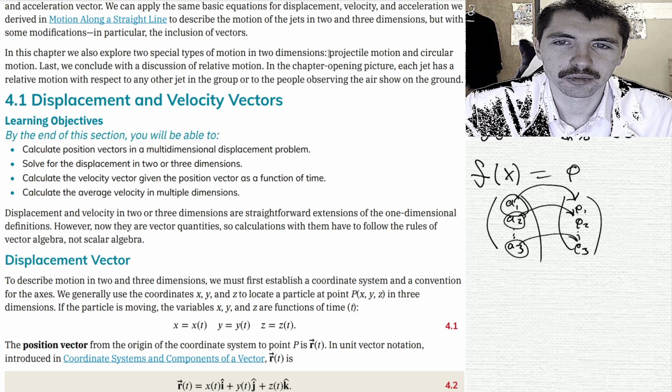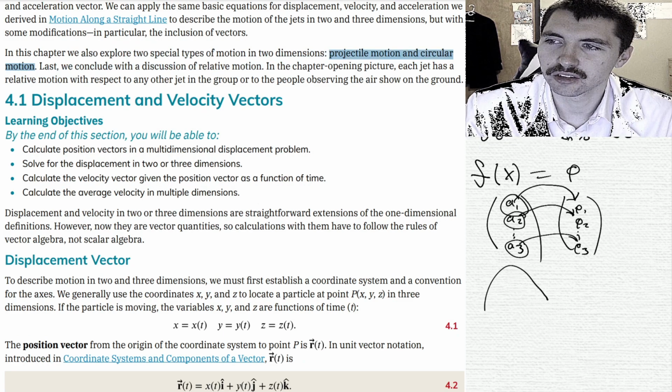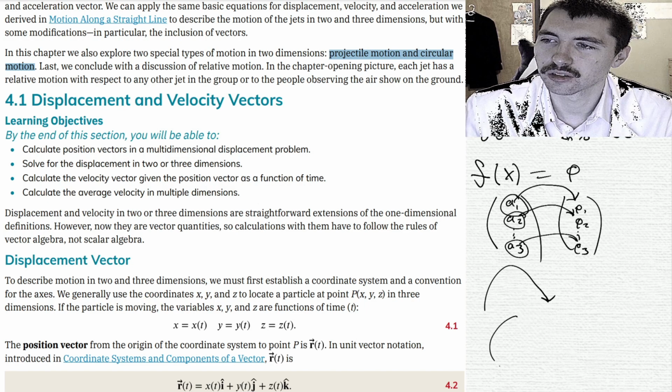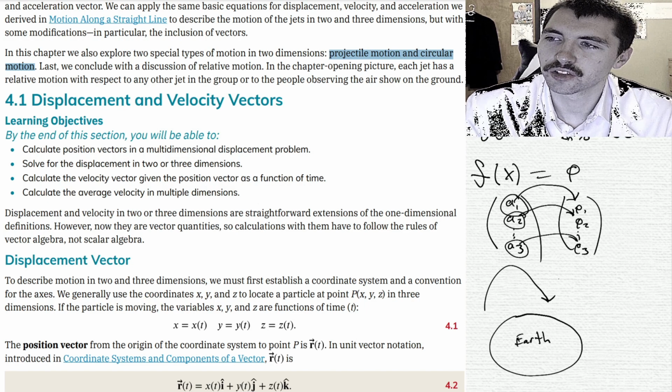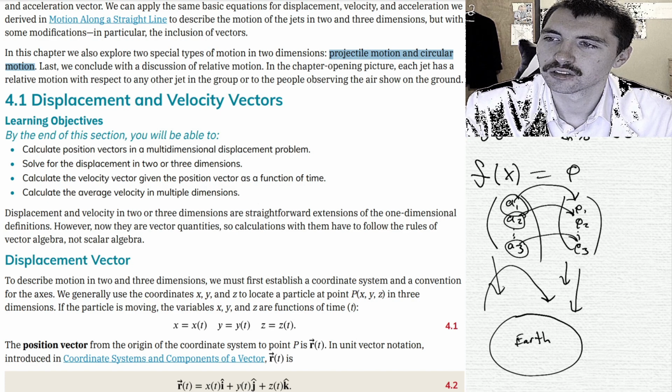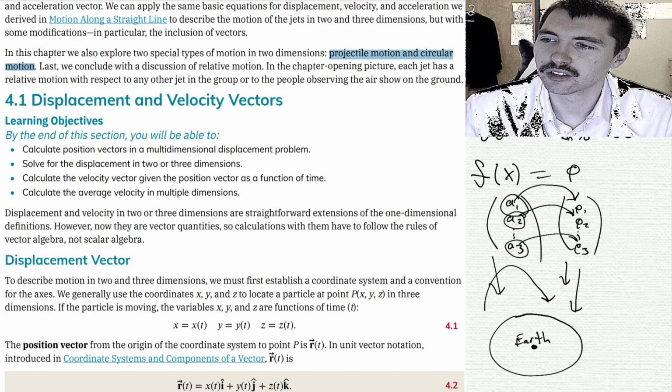So there's two types, projectile. Everything projectile is parabolas because of gravity, the Earth, you've got the force of gravity coming down. Everything is getting attracted to the center point.